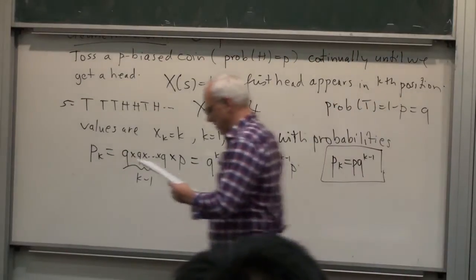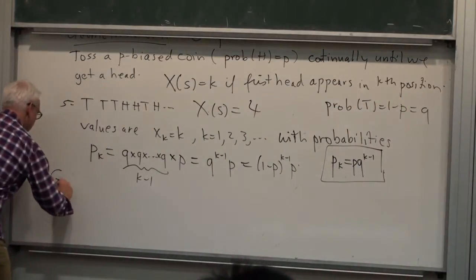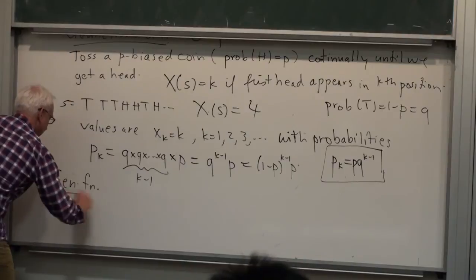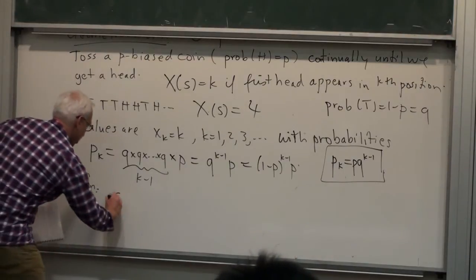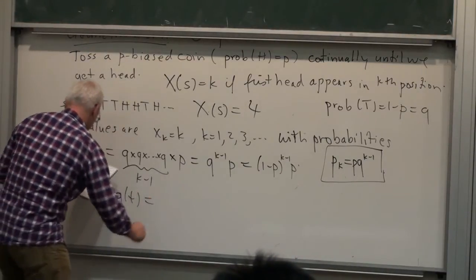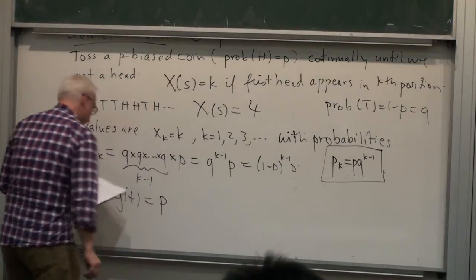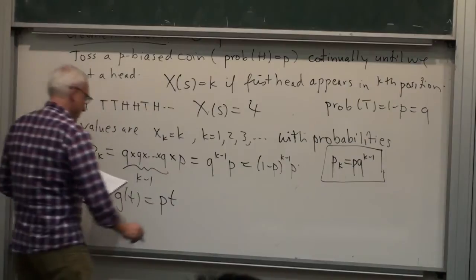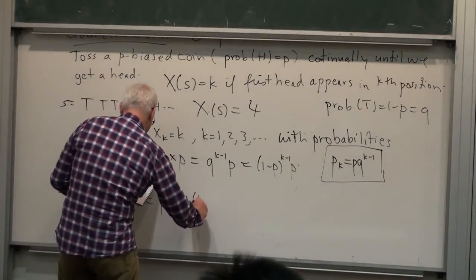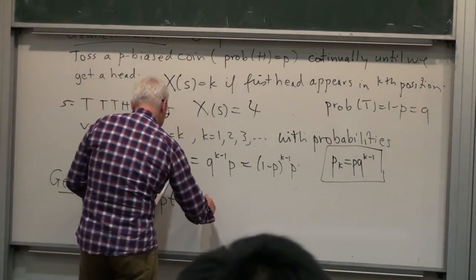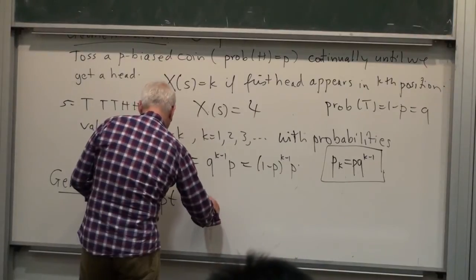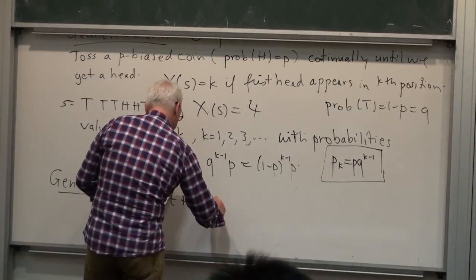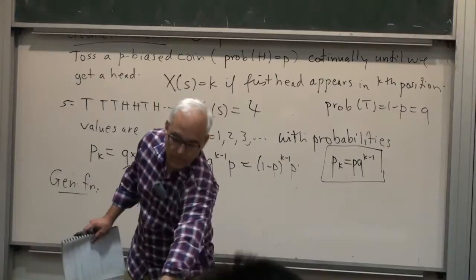All right, what's the generating function? We're calling it g(t). So that's going to be p_1, which is just p, times t. And then the next one will be 1 minus p, I might just use q.